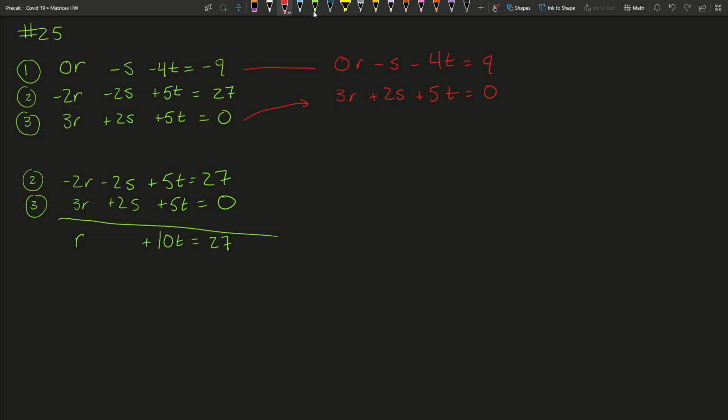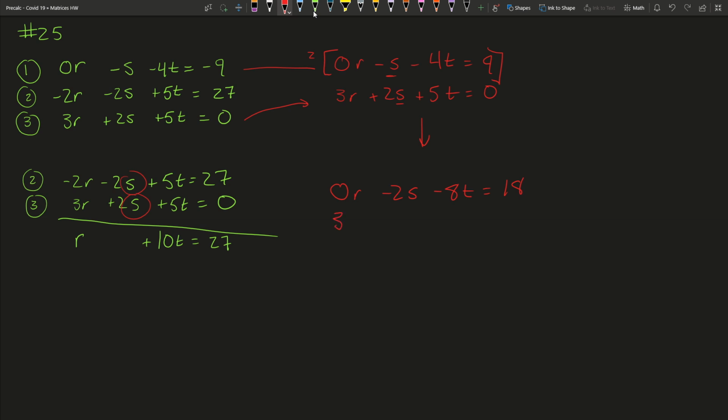We still need to have the same coefficient for both the s's. Because we picked s here to eliminate, we also have to pick s here to eliminate. In order to do that, we have to multiply this top equation by 2. When we do that, we still have 0r minus 2s minus 8t is equal to 18.